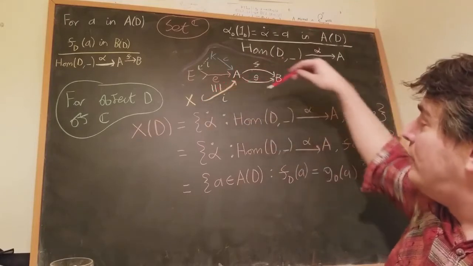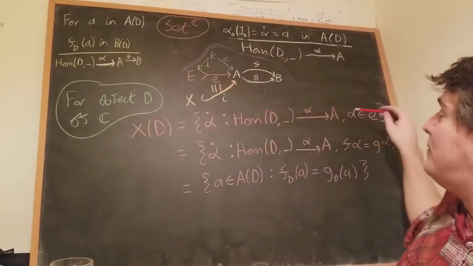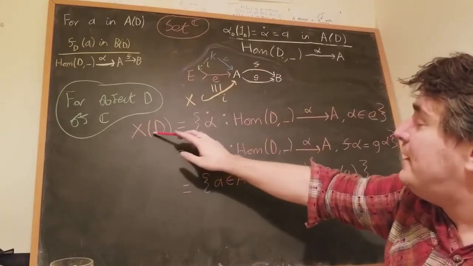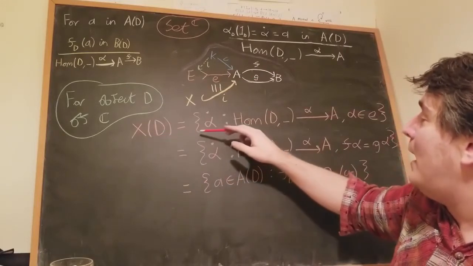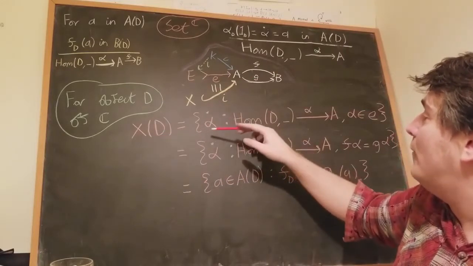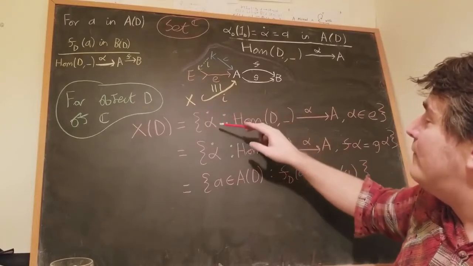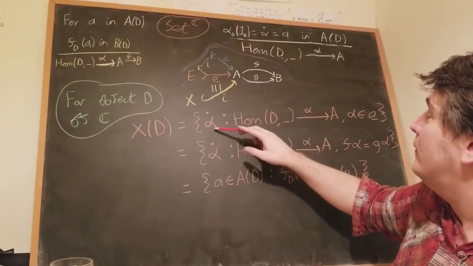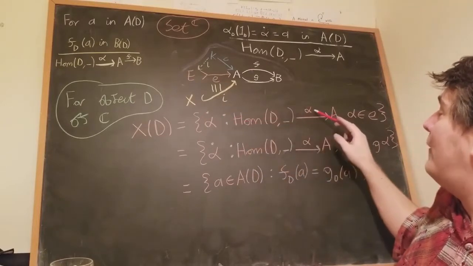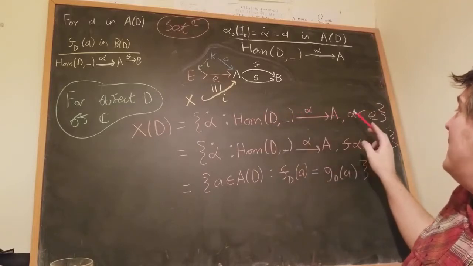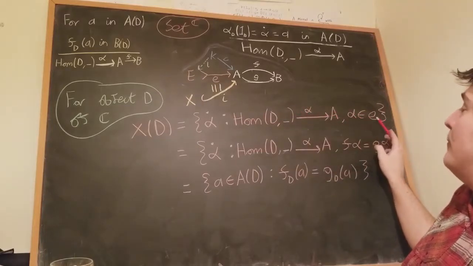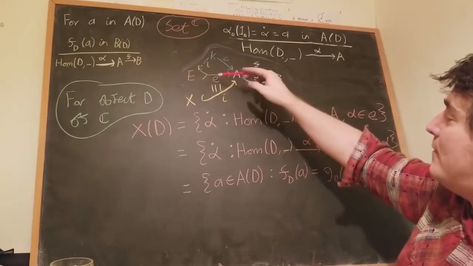Well, I've already argued that the form of this x should be such that the d-type elements of x basically consist of the set of alpha dots, such that alpha is an arrow from the Hom functor to A, and alpha is in this monic e that we're trying to represent.